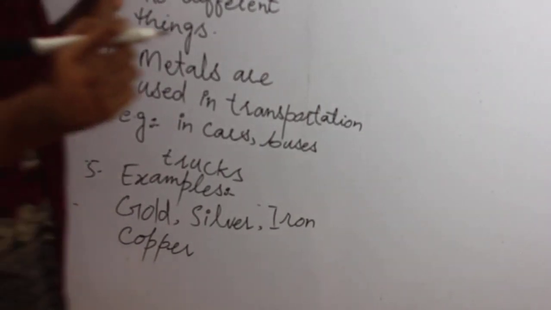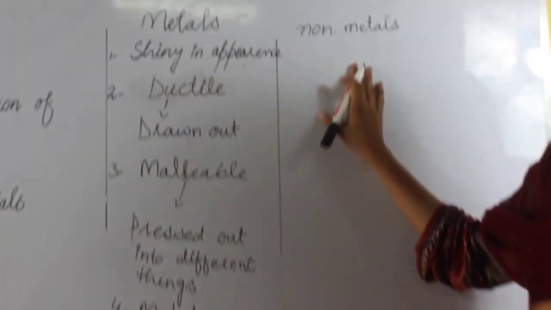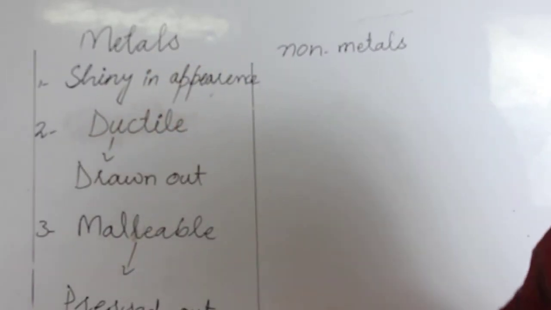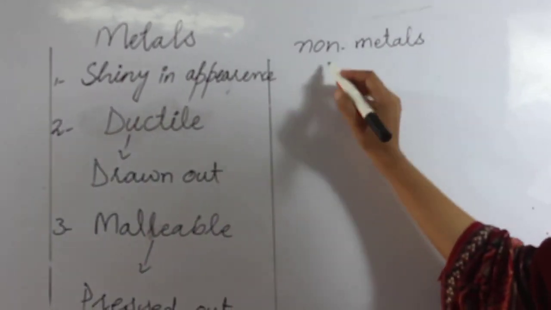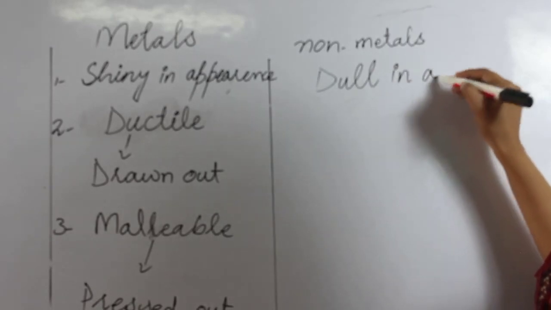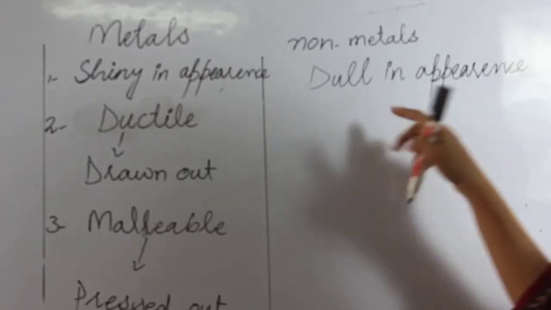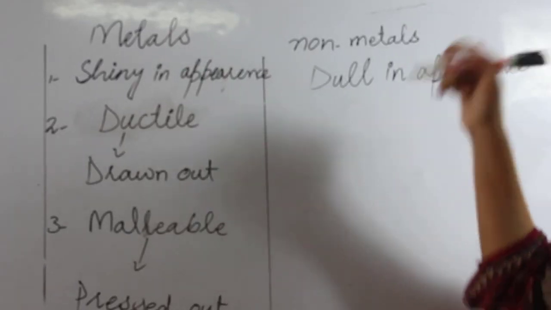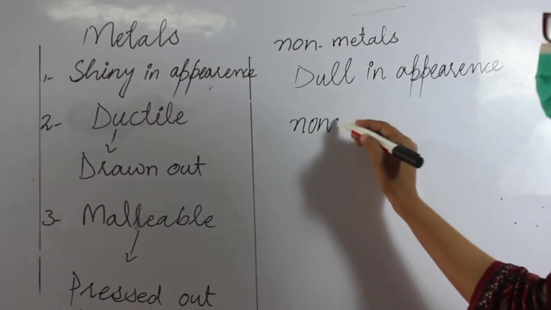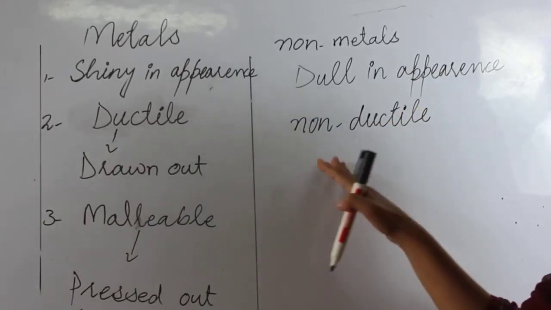And students, I have already told you that non-metals are the inverse of metals. Metals are shiny in appearance, but non-metals are dull in appearance, not shiny. They are non-ductile.